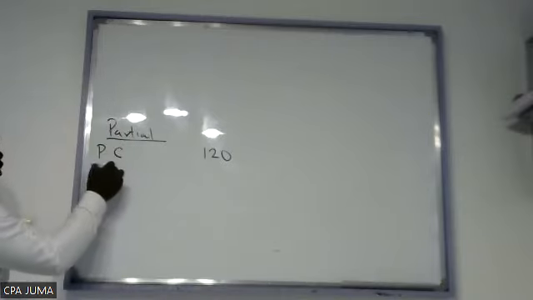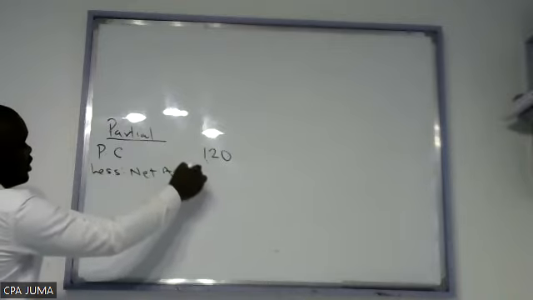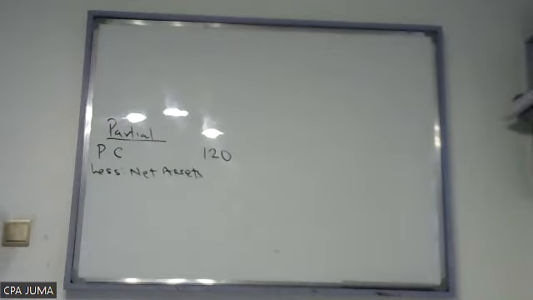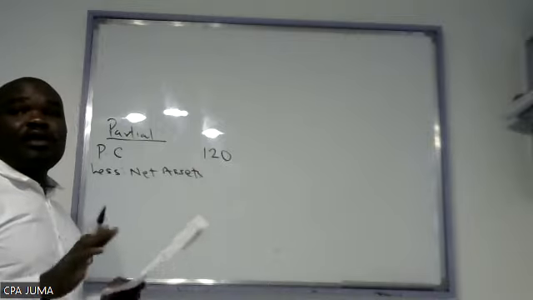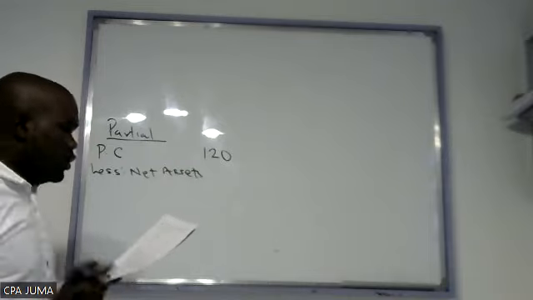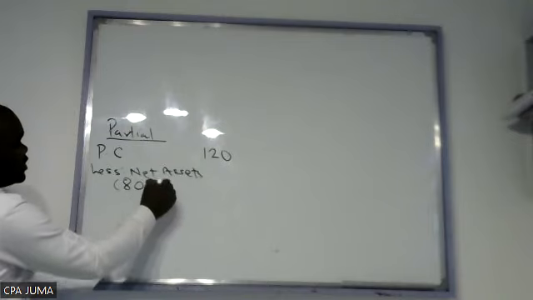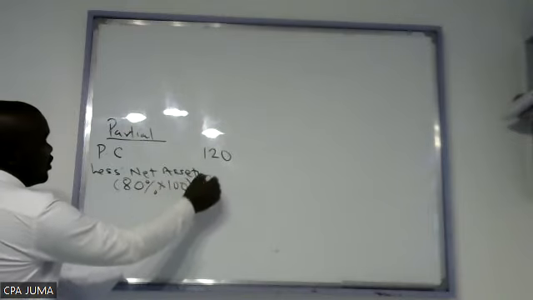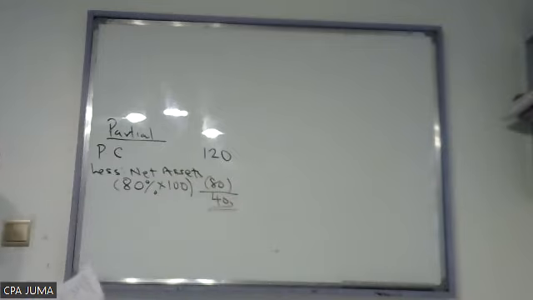Then you less the net assets acquired, but because partial is only of the parent, and the parent never acquired the entire shareholding in that company, we will take the percentage they acquired. So you take 80% of their 100 million, which gives you 80, meaning goodwill is 40.